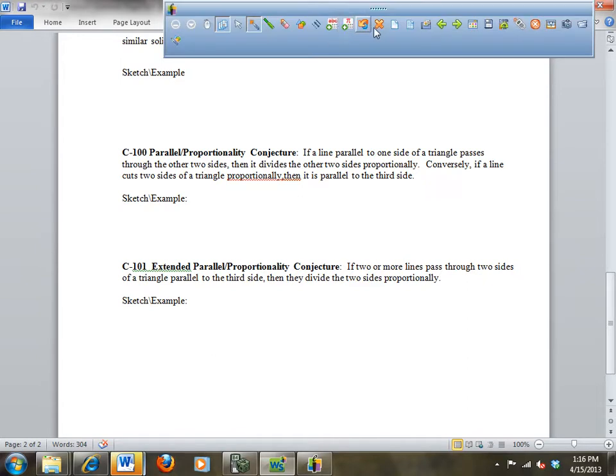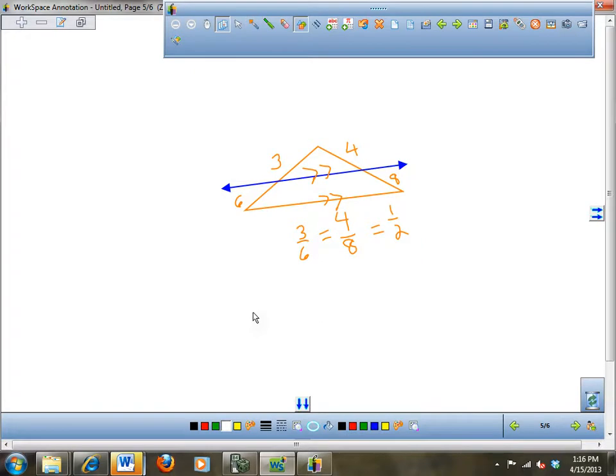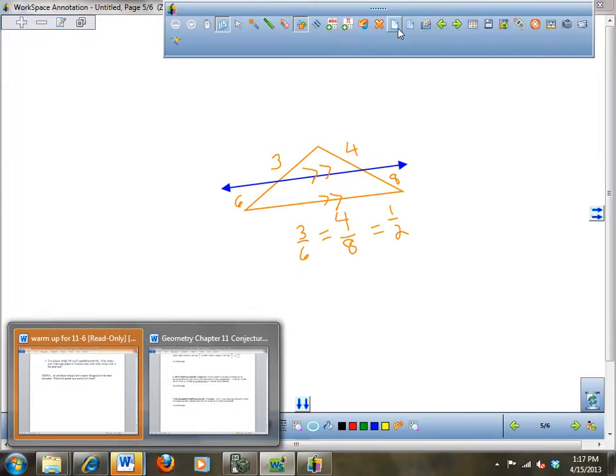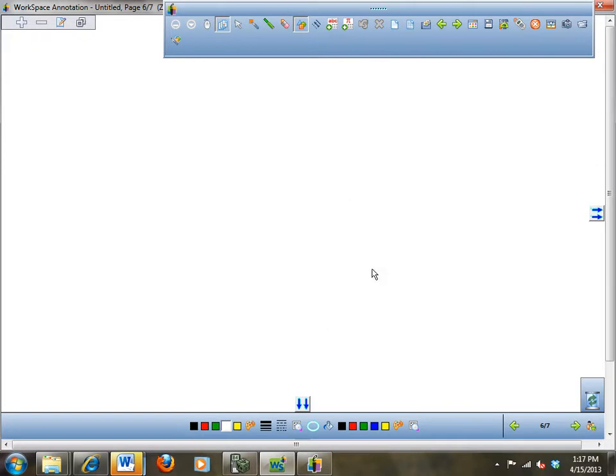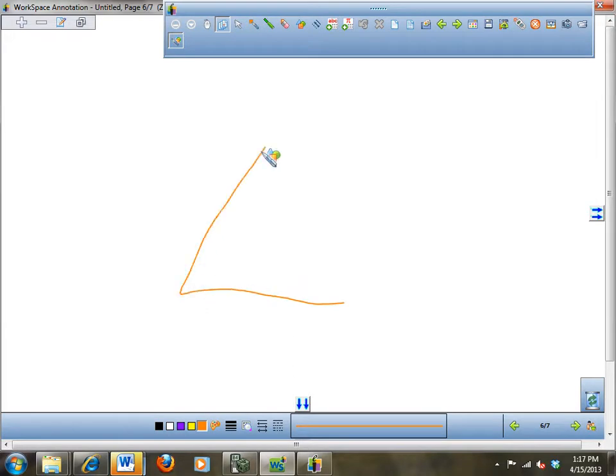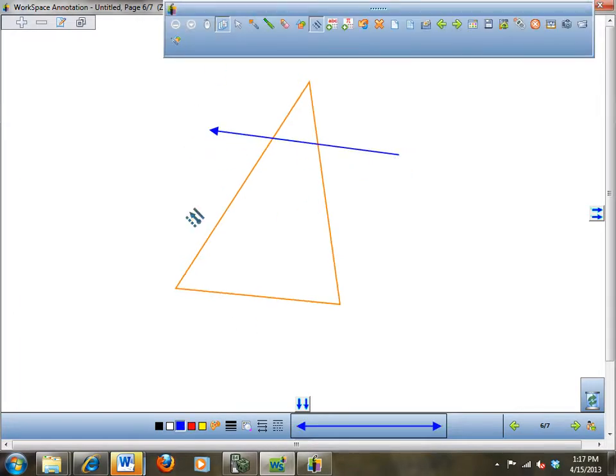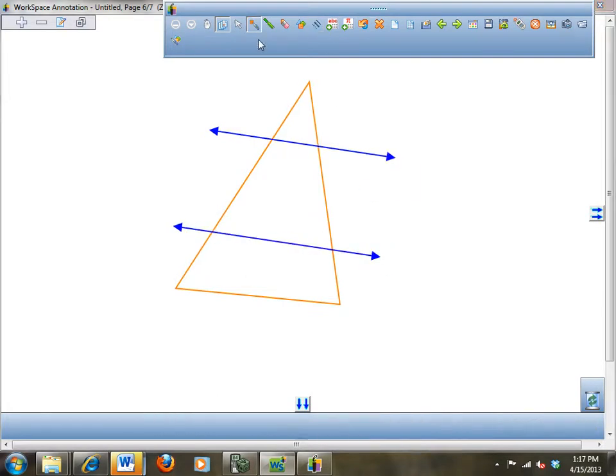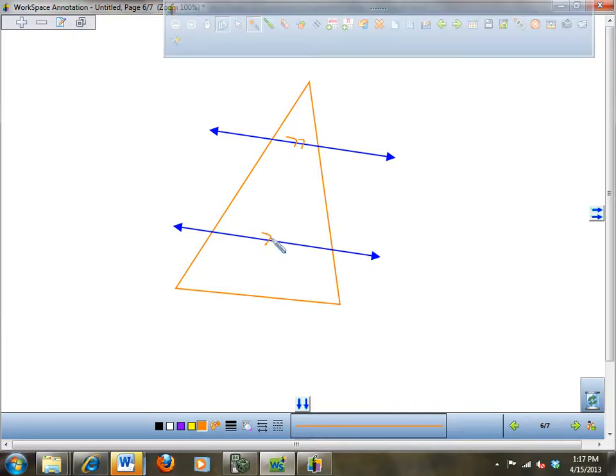In other words, if I have a big triangle, and I'm told that all three of these lines are parallel.